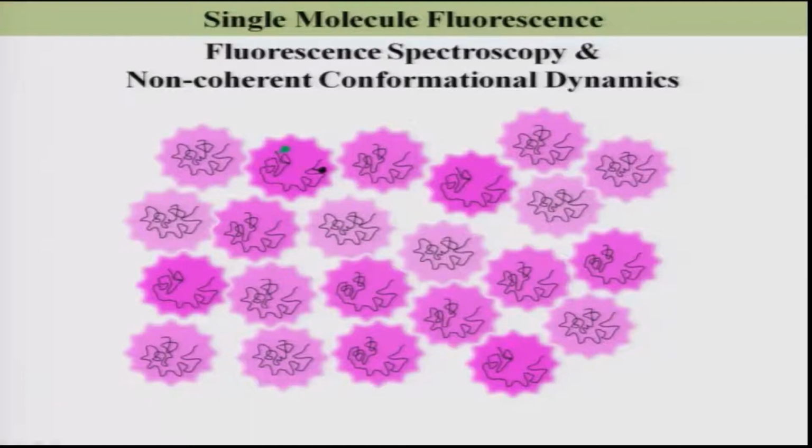And when they are close by, as I have made in this cartoon, the fluorescence intensity is less. So, in the solution probably such a molecule exists, such a molecule also exists, and many such kinds of molecules will exist together.